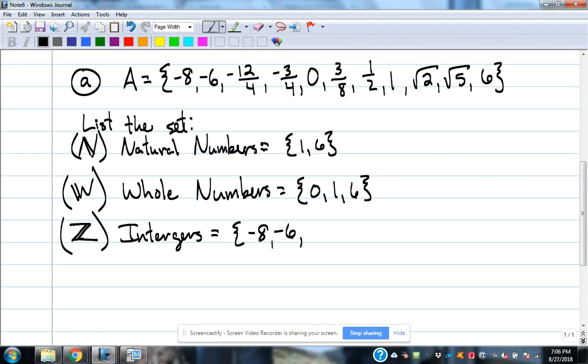So is that an integer? Yes. It's just not written like one there, but it does end up being one. So that would be an integer, even though it's not written that way in the original set. What else? Zero's an integer, 1's an integer, and 6 is an integer.